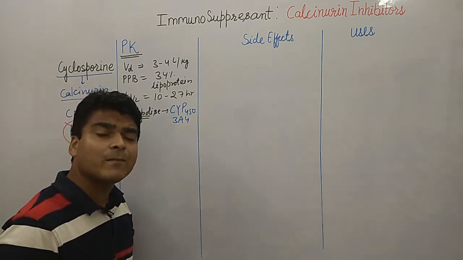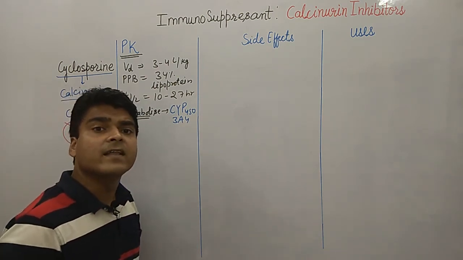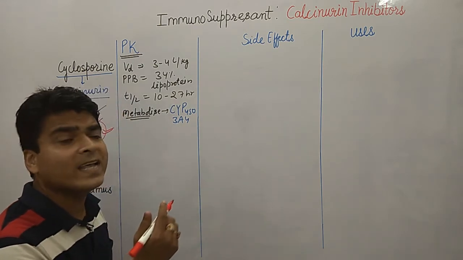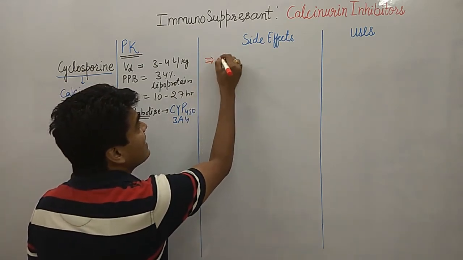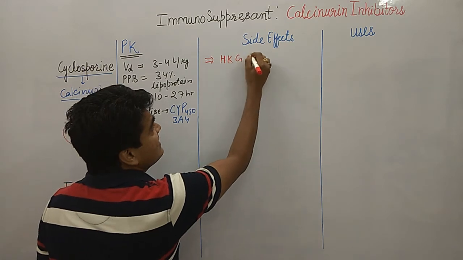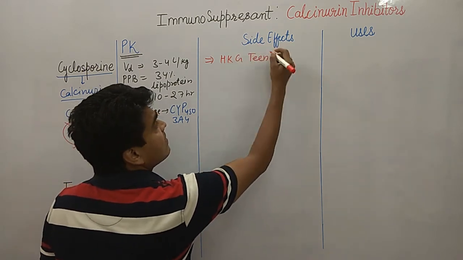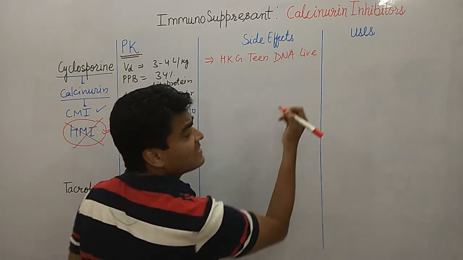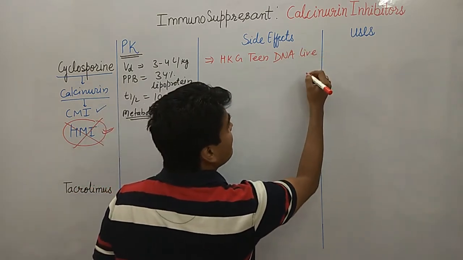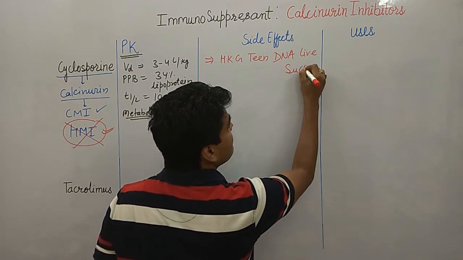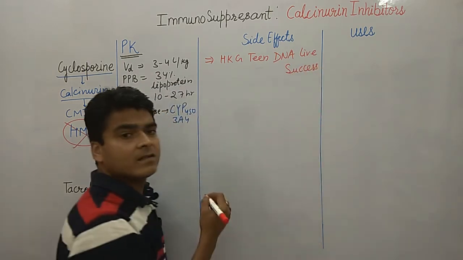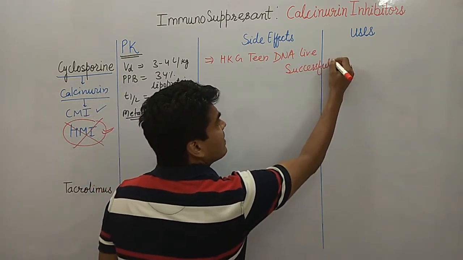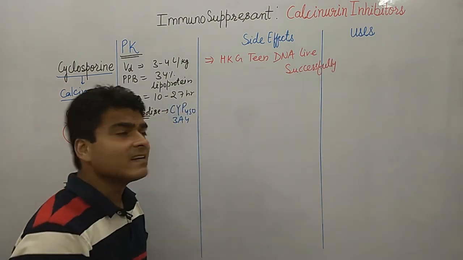Now, for the side effects of this drug, we must learn them by our punchline, our mnemonic. So what is our mnemonic? Look at the mnemonic: HKG teen DNA live successfully. You can remember it by this trick.